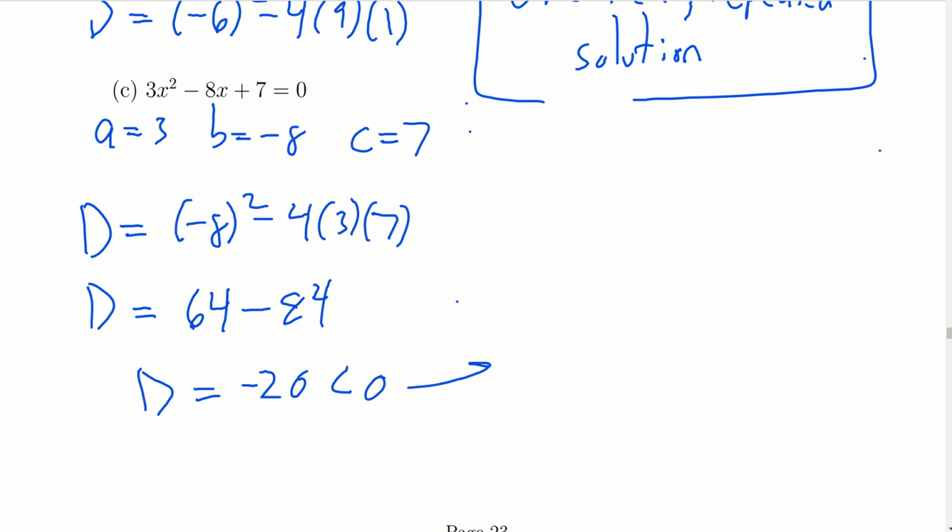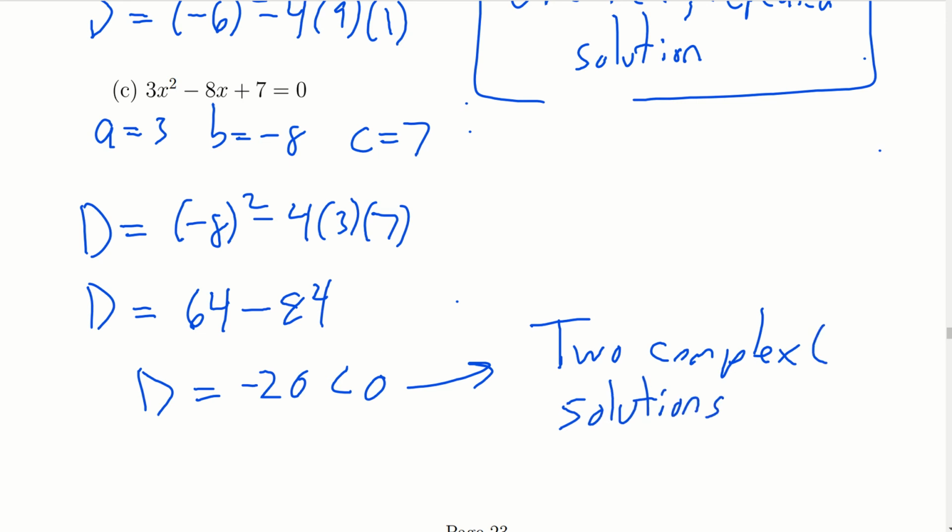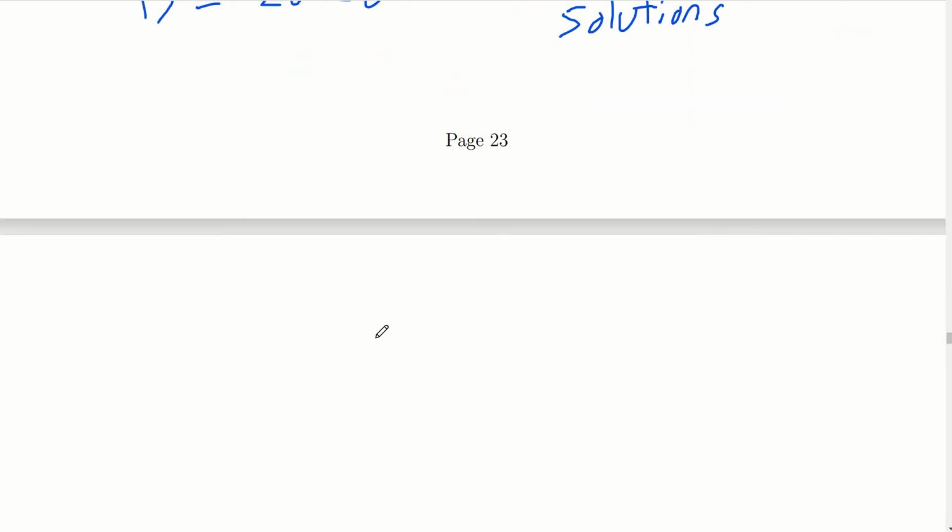It happens to be less than 0, so in this case we get two complex solutions. Not only that, but in general, whenever you get complex solutions, those two complex solutions will always be conjugates of each other. Because one will have the plus sign in between, the other one will have the negative sign in between.